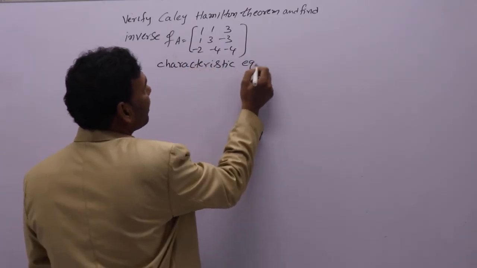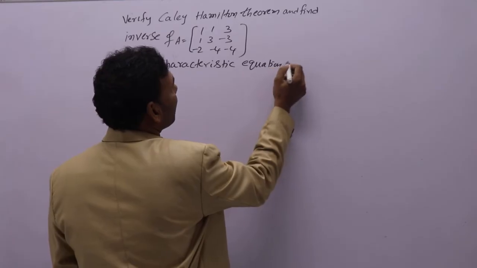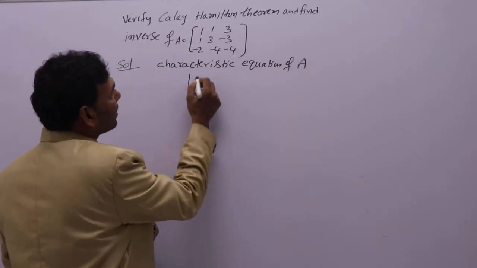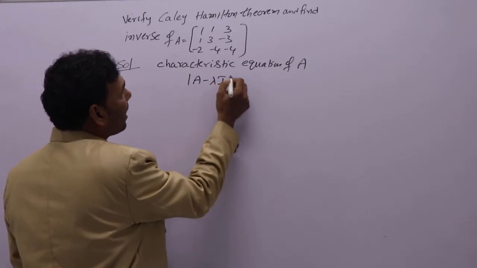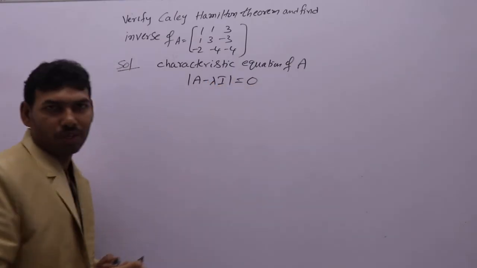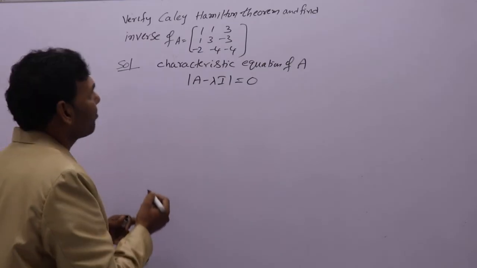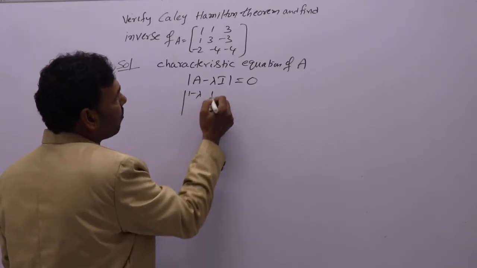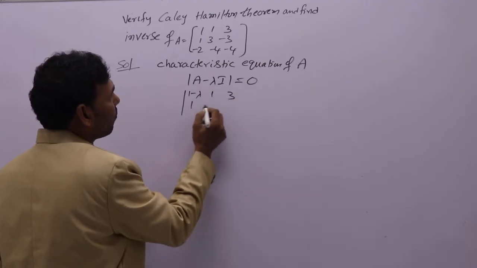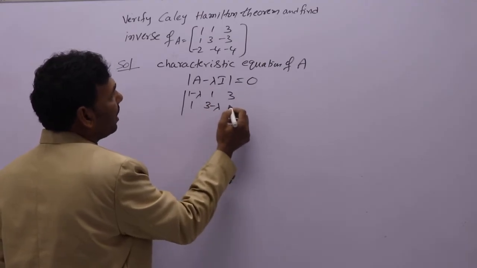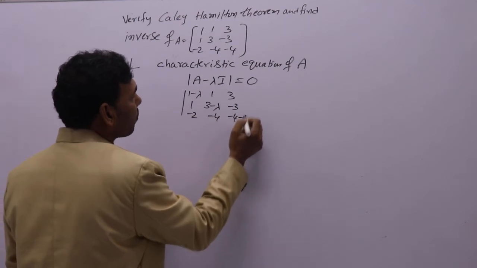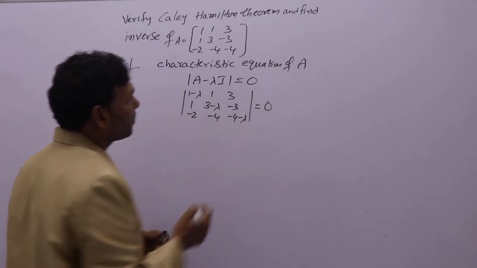Characteristic equation of A, that is det of A minus lambda I equal to 0. Det of A minus lambda I means 1 minus lambda, 1, 3, 1, 3 minus lambda, minus 3, minus 2, minus 4, minus 4 minus lambda, equal to 0.